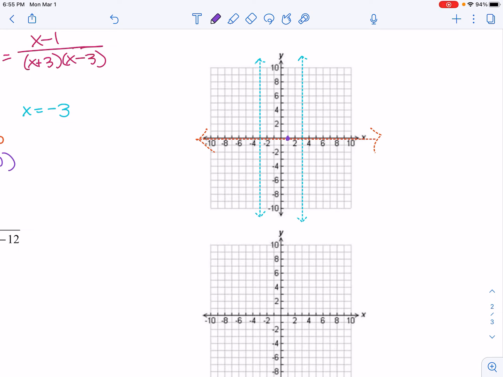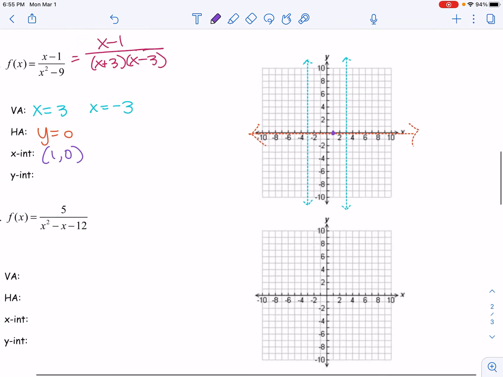There's never a time where dividing by 0 gives us a number. It's always undefined. But there are times where I can plug in certain x values and get y values of 0. And so that is why we can touch or cross the horizontals, but we can never cross or touch the verticals.